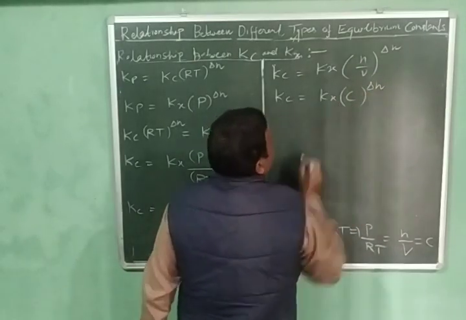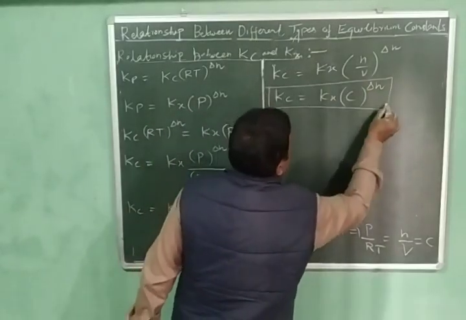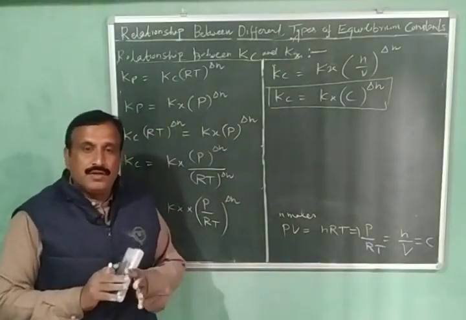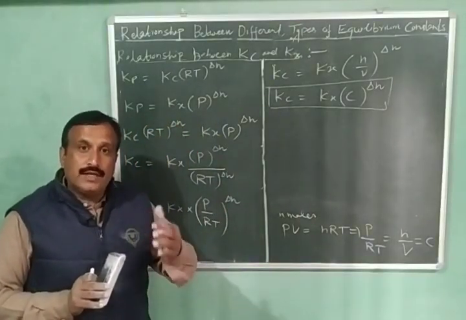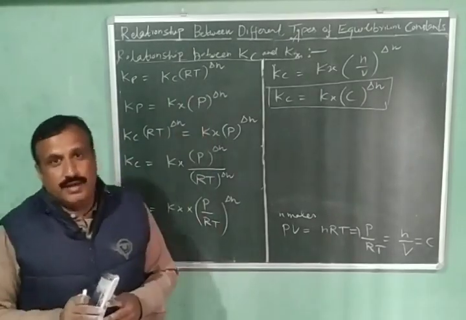So this is another expression between Kc and Kx. Here we have derived the different relationships between the equilibrium constants Kp, Kc and Kx.